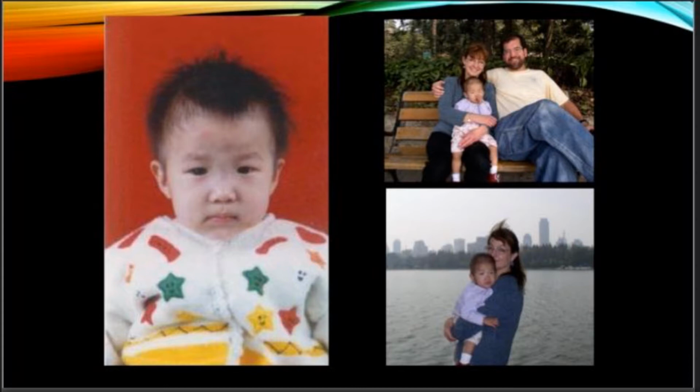The image on the left, with the red background, is the first image we ever got of Claire. It was emailed to my parents after a very lengthy process of trying to be approved for the adoption process.